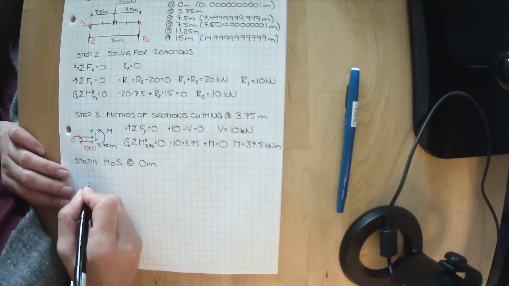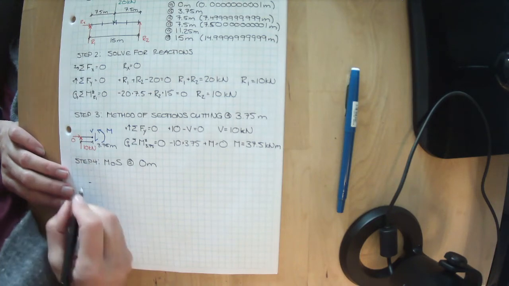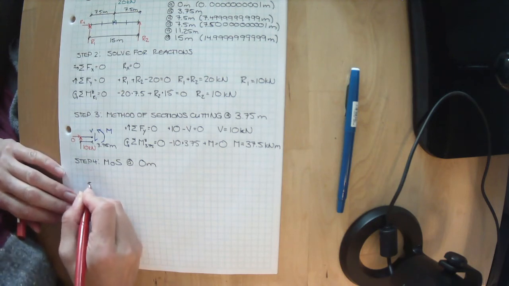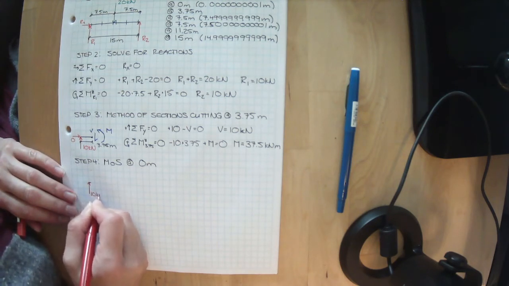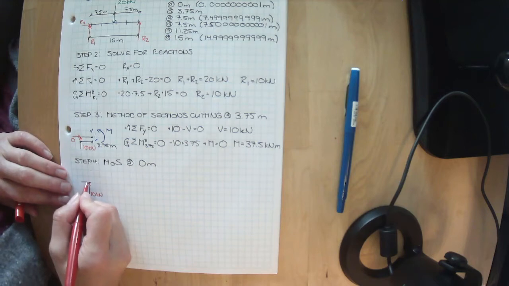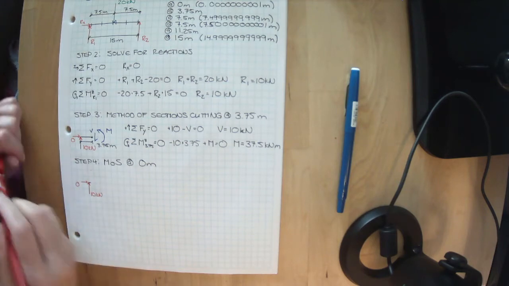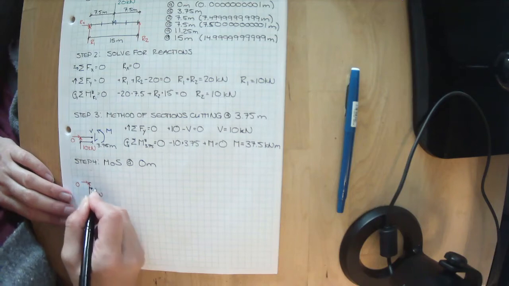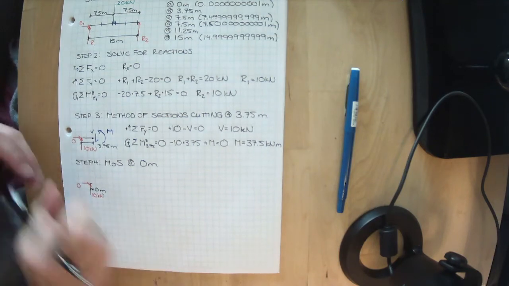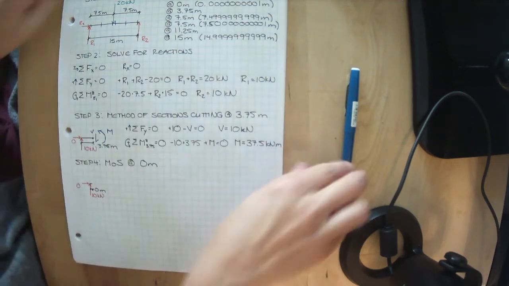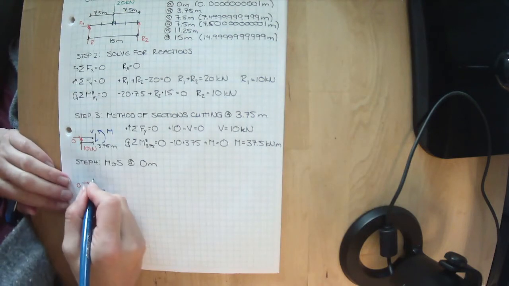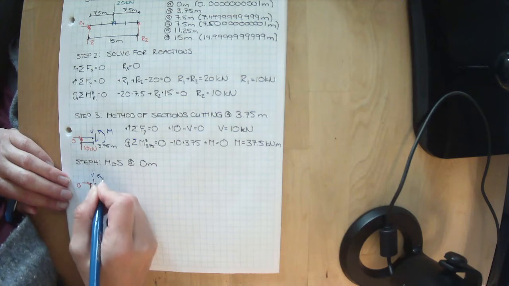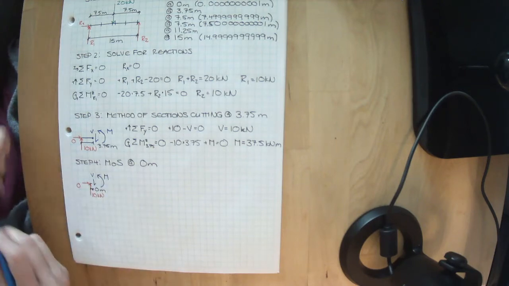So we have our beam right here. We know we have 10 kilonewtons of force acting upwards there, and that's 0. Our distance here is 0 meters. We have unknown internal forces of V and M.